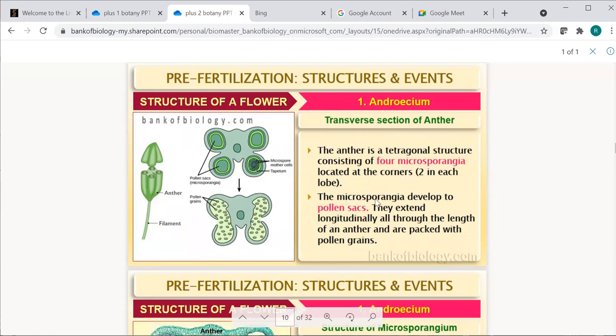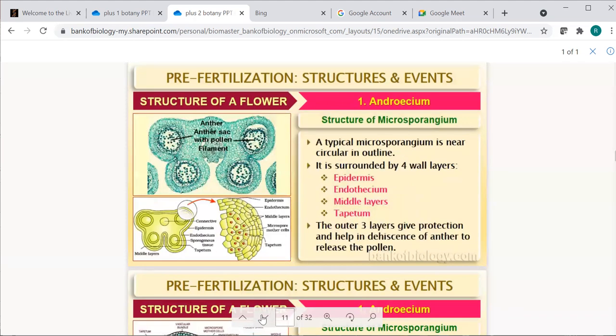The microsporangia develop into pollen sacs. They are covered by 4 layers: 1, 2, 3, 4 here also, and similarly 1, 2, 3, 4 layers here also. Microsporangia are covered by 4 layers.